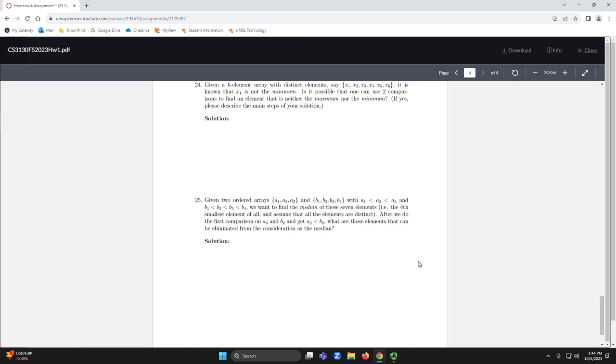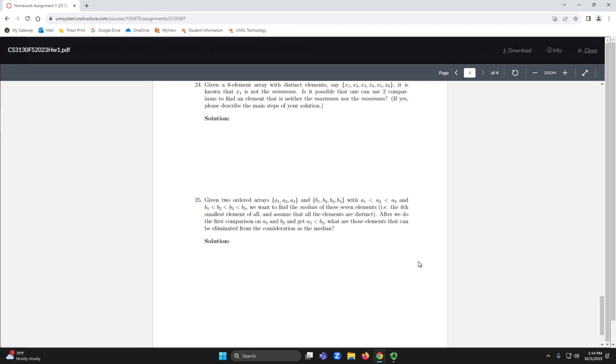For example, this median should be the 4th largest element. But if you find one element is less than 5 elements, can you eliminate it? Based on the given information, if it is less than 5 elements, then it cannot be the 4th largest.